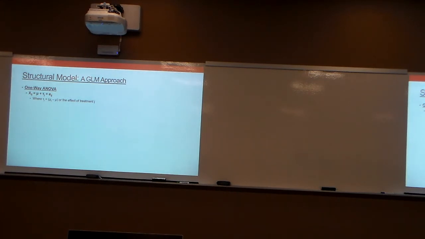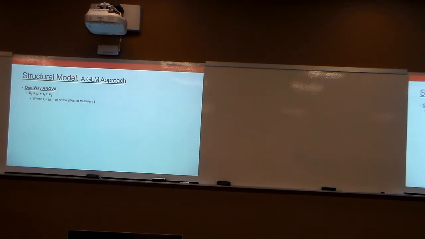So remember that with our one-way ANOVA, we start out with the grand mean of everybody, right? This is where everybody starts. And then we make an adjustment based on what group they're in. So if we have differences in alcohol use across freshmen, sophomores, juniors, and seniors, we start with the overall mean drinking behavior in the overall sample. Then there's some adjustment depending on what class they're in.